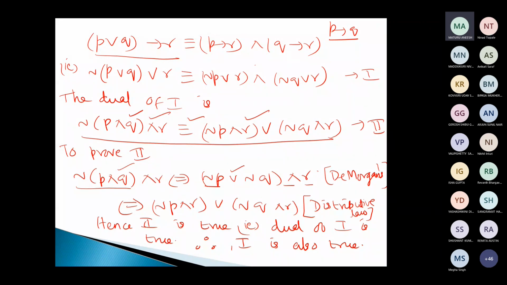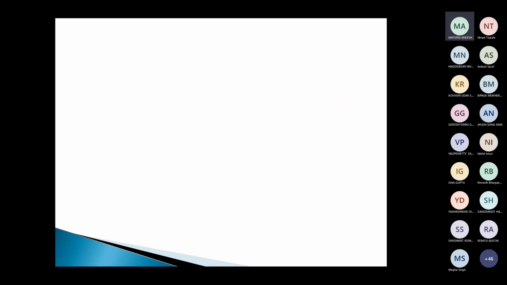Okay. Can we do one more question? The first question. Not of not P and Q or not P and not Q or P and Q is equivalent to P. Not of not P and Q and not P and not Q, this is equivalent to P. We need to prove this, right?